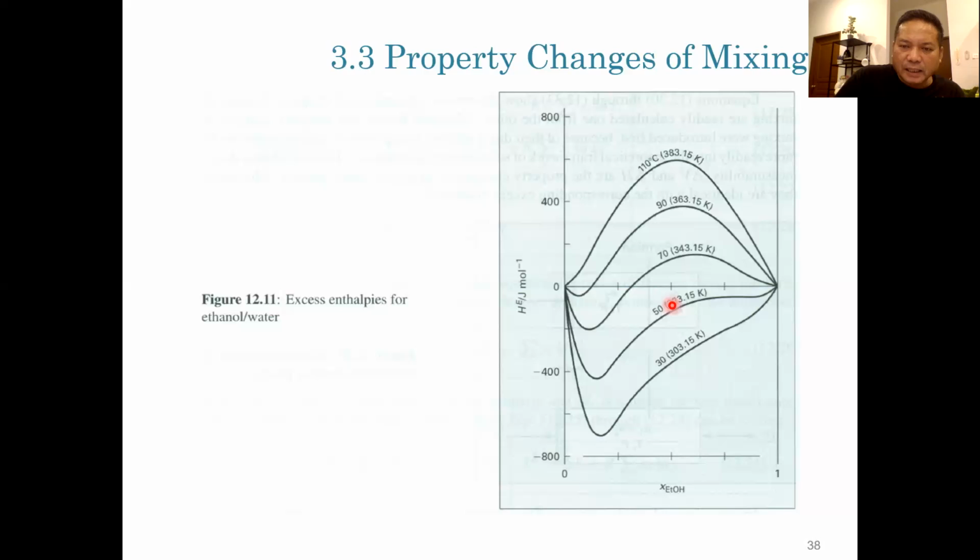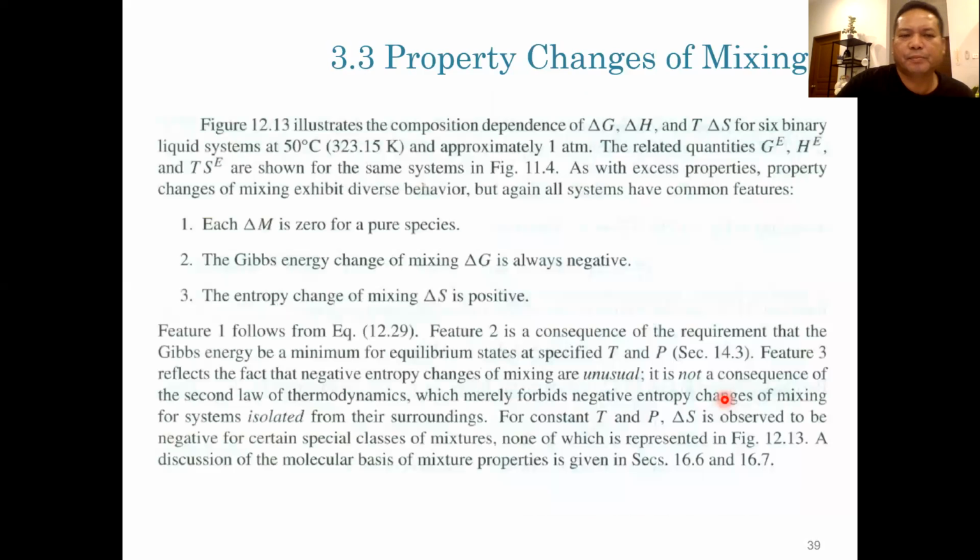So at 90, the ethanol is in gas form, and at 110 both ethanol and water are in gaseous form. So the temperature does affect the properties, the excess enthalpies.